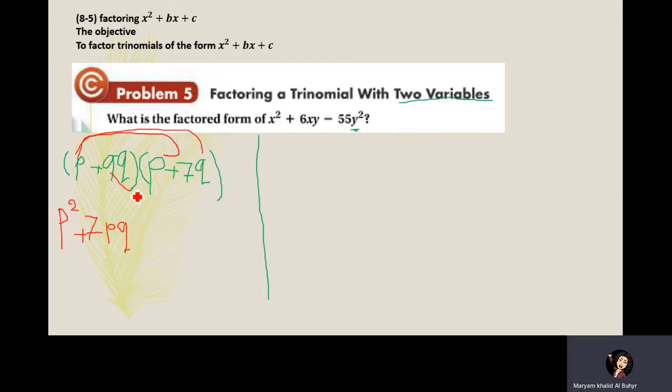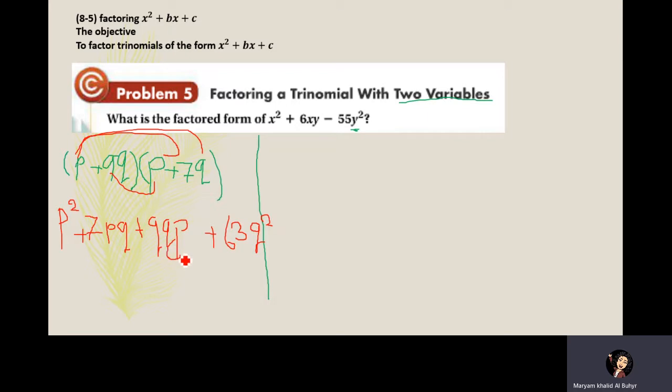Then multiplying this side, we have plus 9qp, and 9 times 7 gives 63, so that is 63q squared.